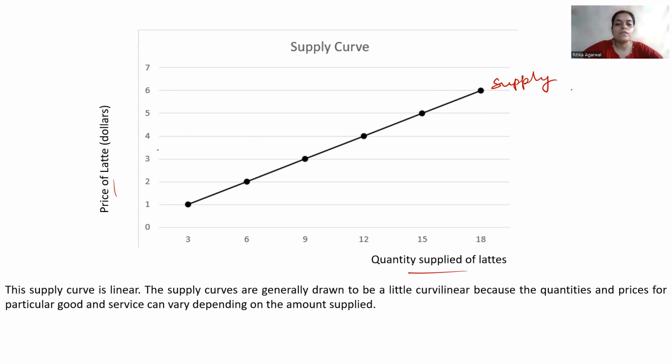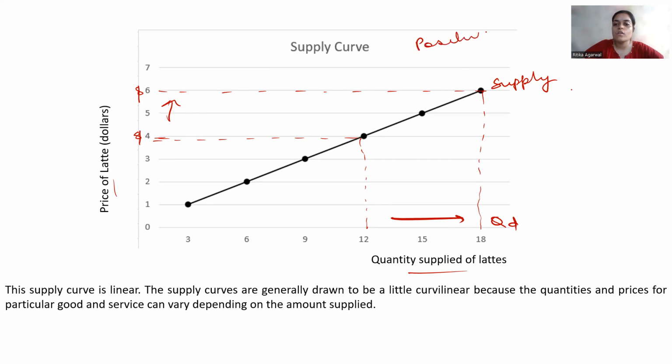Now at any price, suppose this is the price $4 and the quantity is 12, and at $6, if the price has increased, the quantity will increase to 18. So there is a positive relationship between quantity and price. When the price rises, quantity supplied also rises.